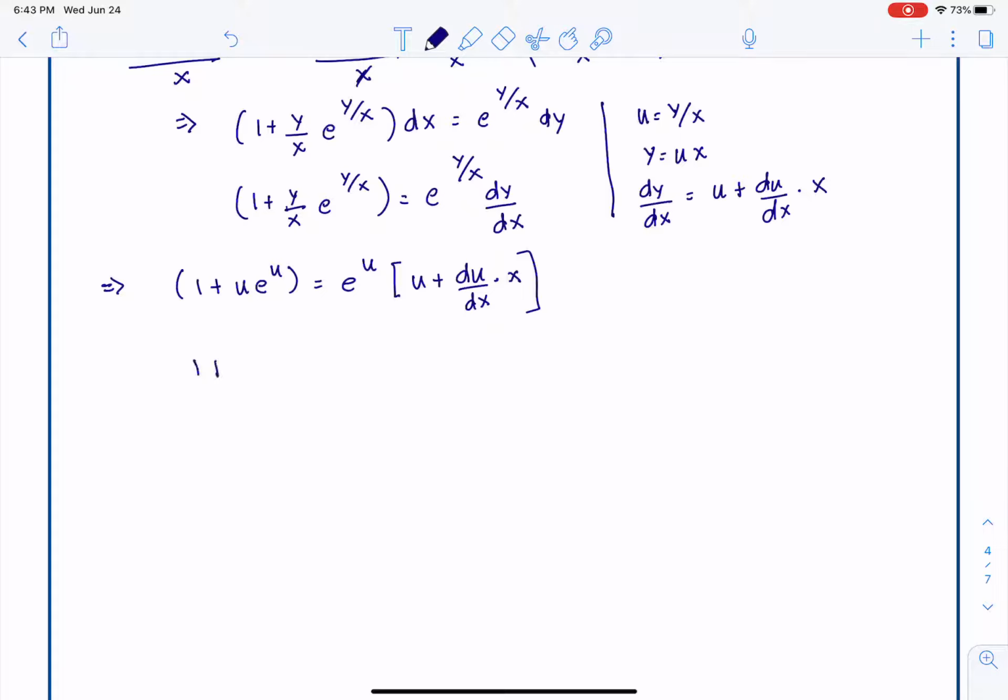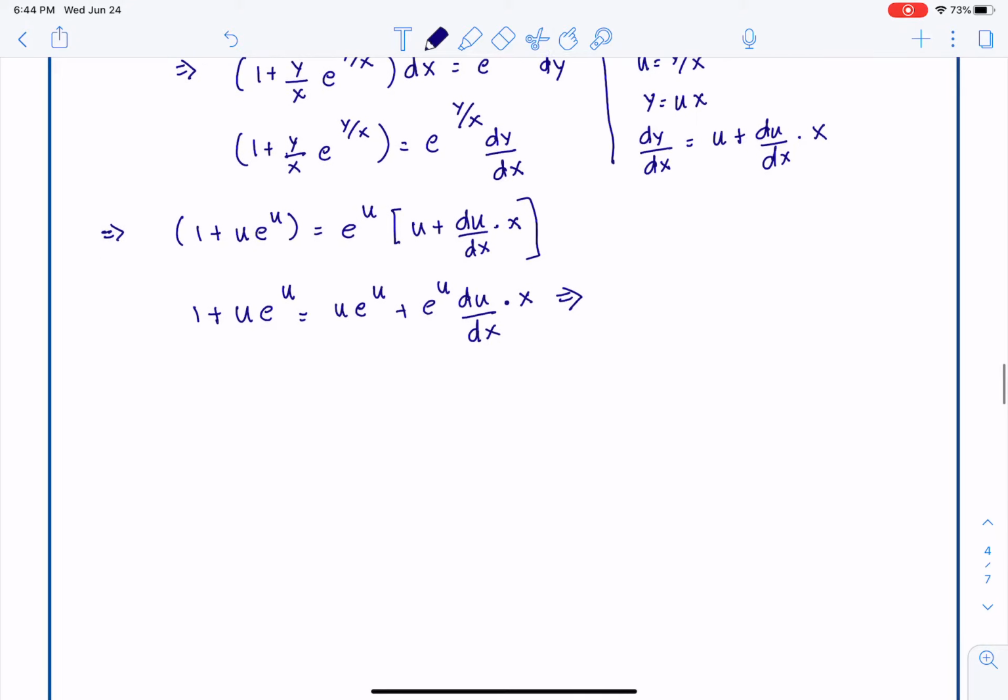So we have 1 plus u e raised u equals u e raised u plus e raised u du over dx times x. These two terms would get cancelled and we'll have 1 equals e raised u du over dx times x.